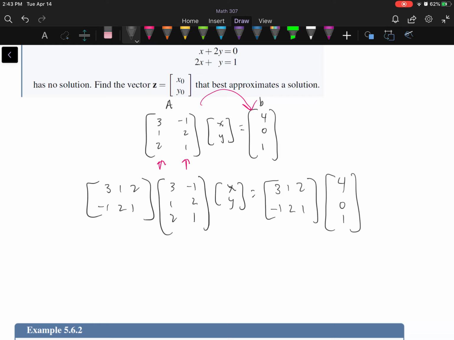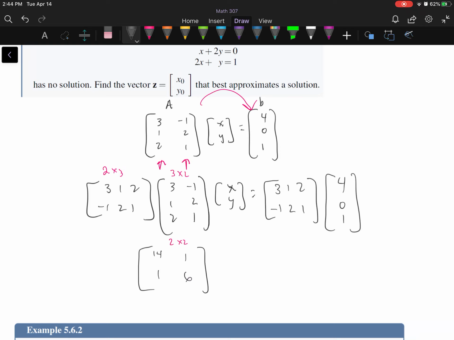Actually doing that multiplication, since this is a 2 by 3 matrix and this is a 3 by 2 matrix, the result that we get here is a 2 by 2 matrix. And we get 14, 1, 1, and 6.